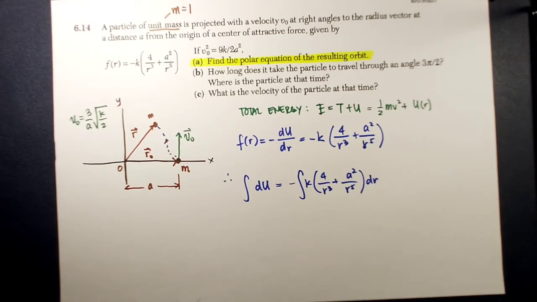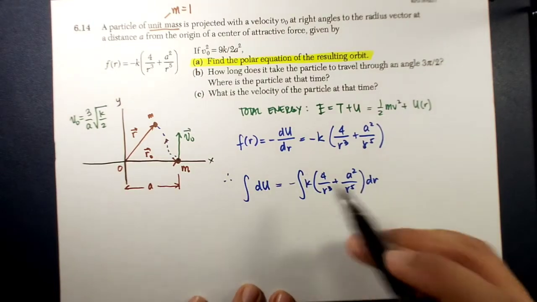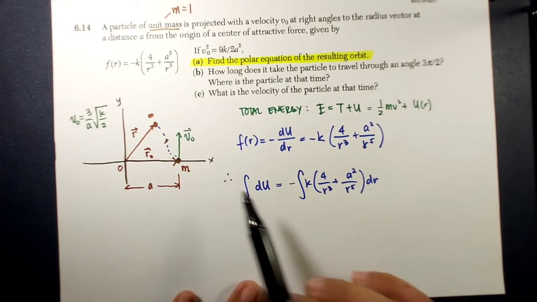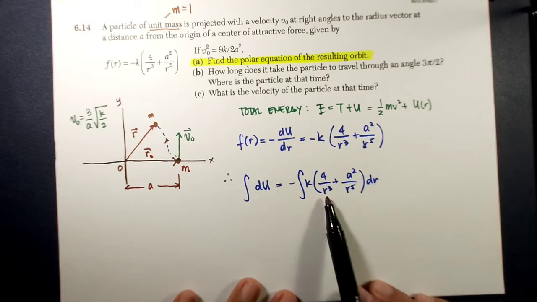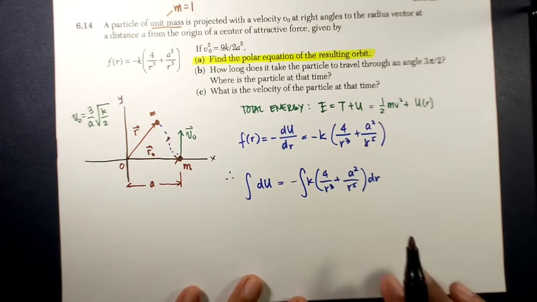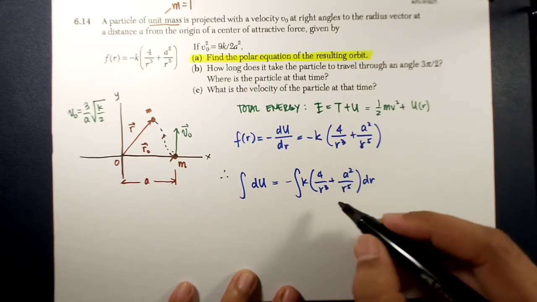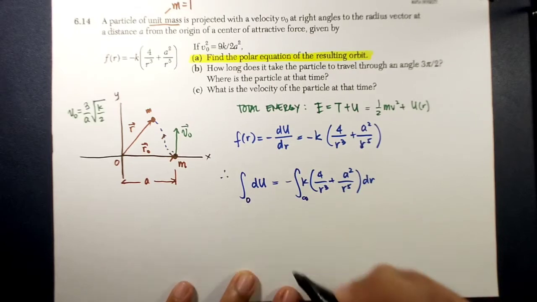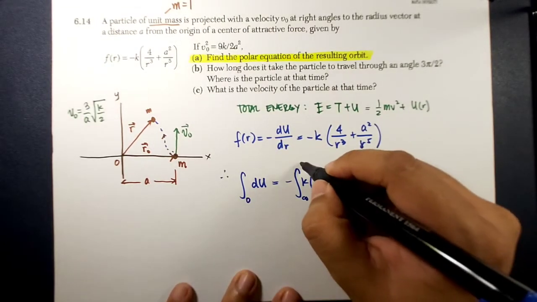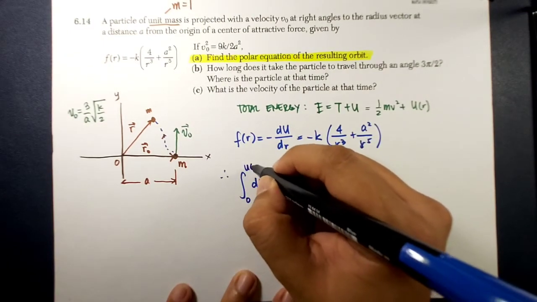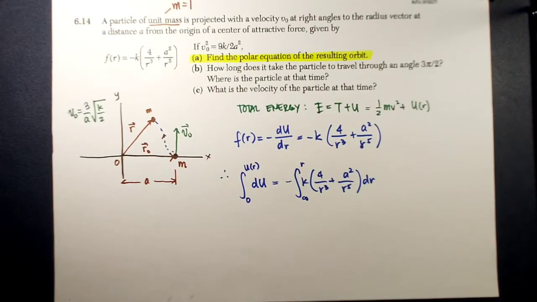Here we're going to select our integration limits. As you will notice, as the particle goes farther from your origin, the force decreases, so the potential energy will be insignificant there. That means at r to infinity, our potential energy is 0, and at a later point r, your potential energy has value U as a function of r.